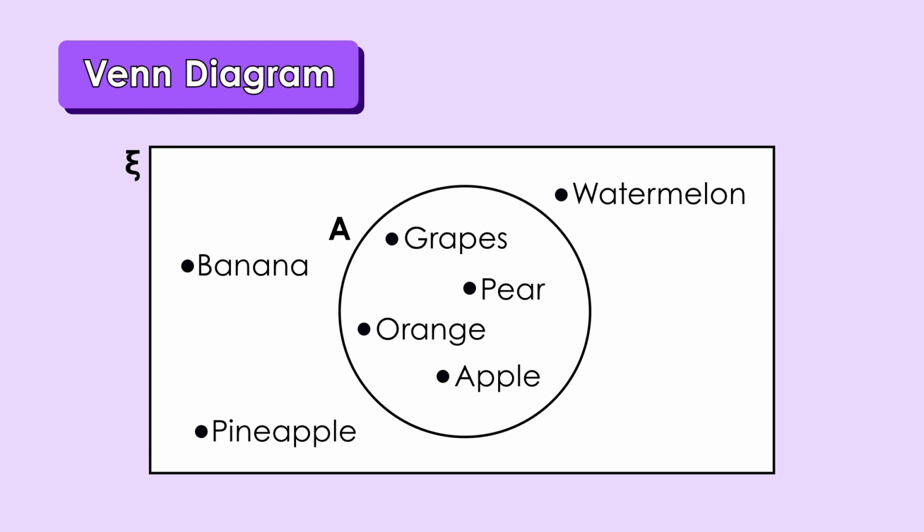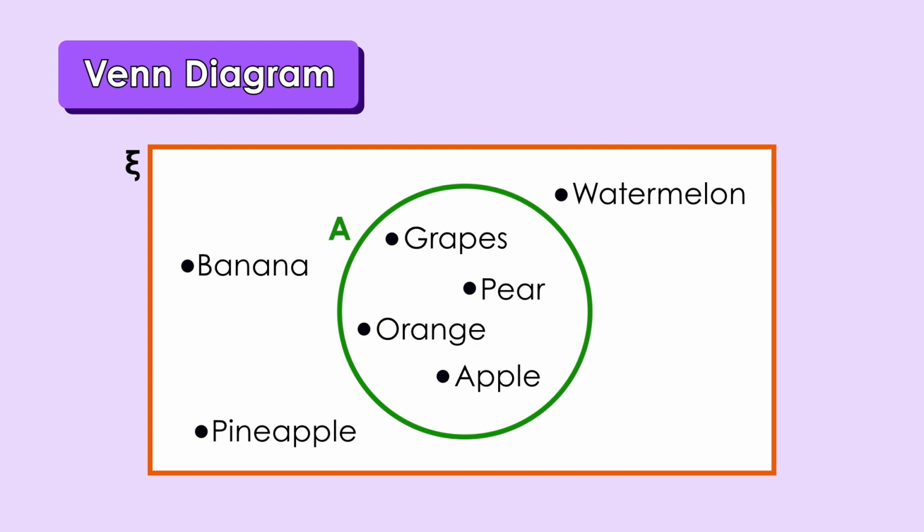How do you represent the universal set by using a Venn diagram? Usually, in a Venn diagram, the universal set is represented by a rectangle. Then, followed by set A, which is represented by a circle. The letter A representing the set is written outside and closer to the circle.